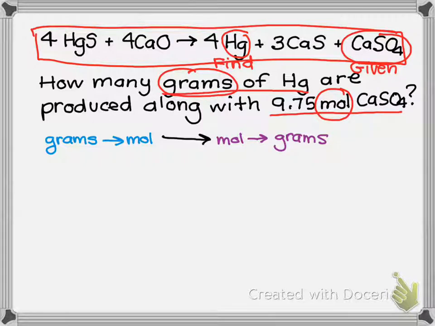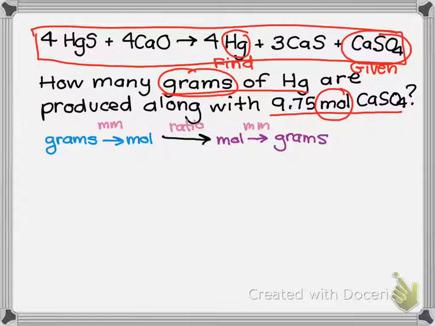To go from grams to moles, this is the molar mass. To go from moles to moles, this is the ratio. And to go from moles to grams, this is the molar mass. And this is kind of a sketch. I really think you should get to this point where you take that little map and sketch out a plan.